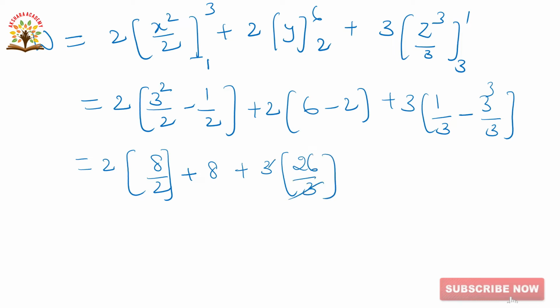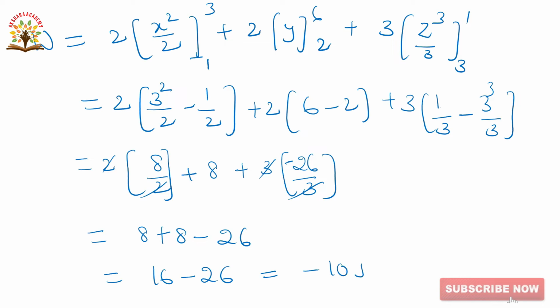Here the 3s cancel, so we get 8 plus 8 plus 1 minus 27, that is minus 26. 16 minus 26 gives minus 10 joules.